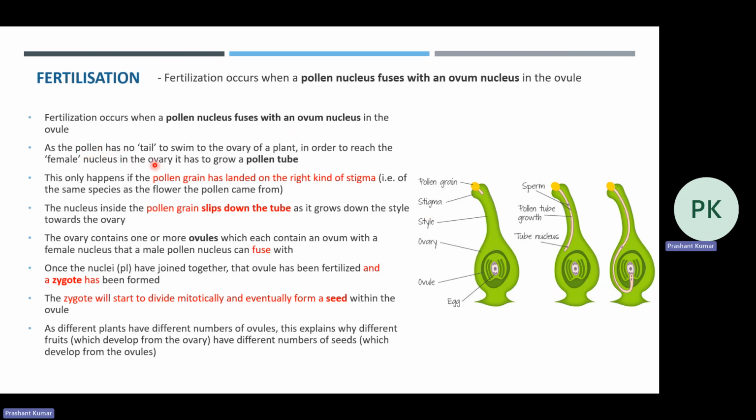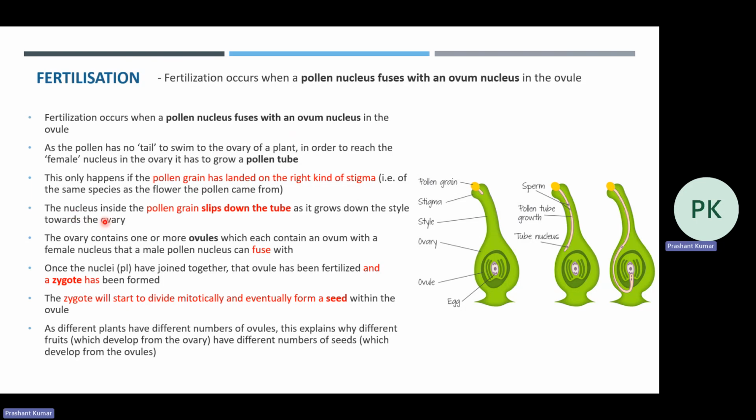As the pollen has no tail, it is not going to swim to the ovary of the plant to reach the female nucleus, so it germinates and makes a pollen tube. This only happens if the pollen grain has landed on the right kind of stigma. If pollen mistakenly falls on some other plant, it is not going to help.